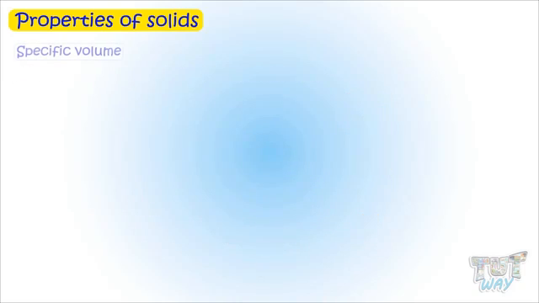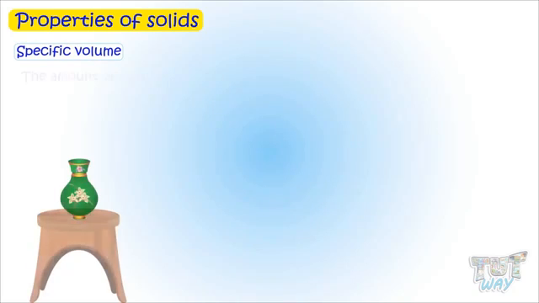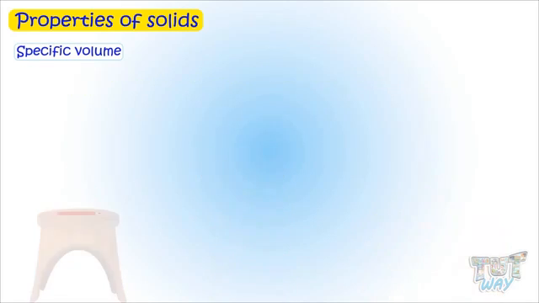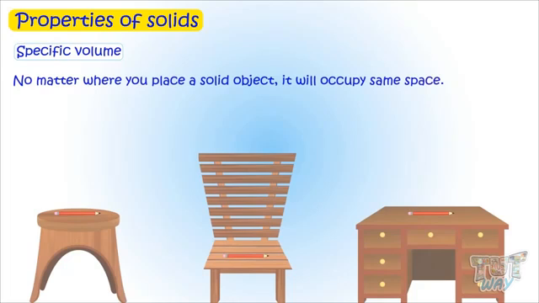Next property is specific volume. Solids have specific volume. That is, the amount of space they occupy does not change no matter wherever you place them. The same pencil you place anywhere, it will occupy the same space.